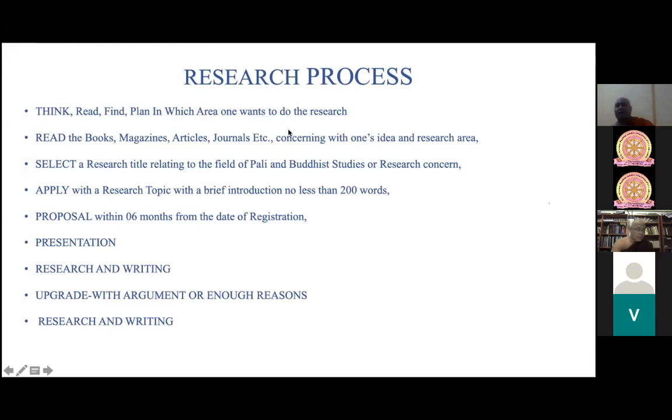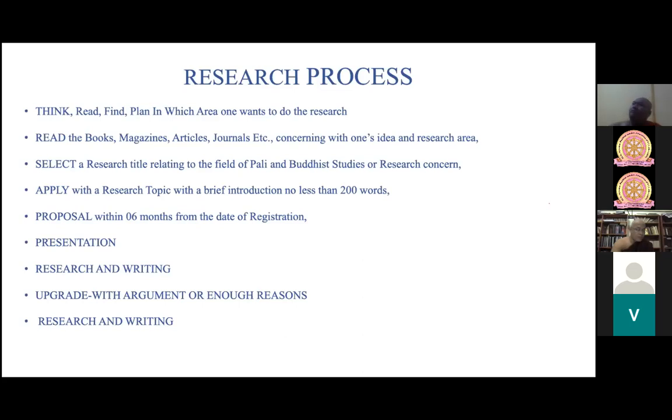Because, for example, many times I have heard, not only heard, I have experience with students, for example medical doctors, who try to do their research at an institute that is a Buddhist study institute, mostly focused on Buddhist study. They want to do their research here, but their research title is not relevant to Buddhist study.